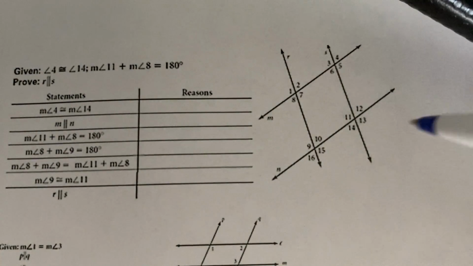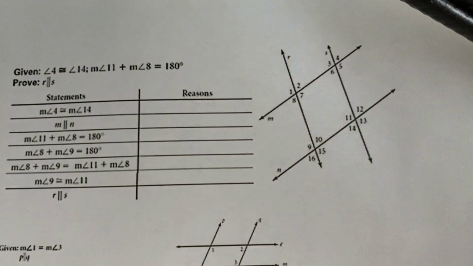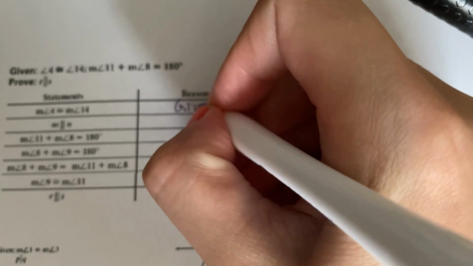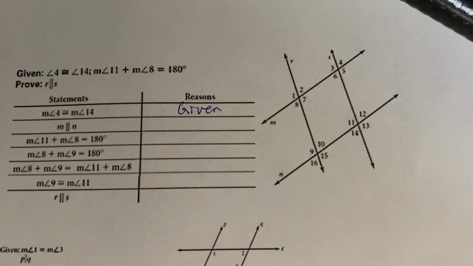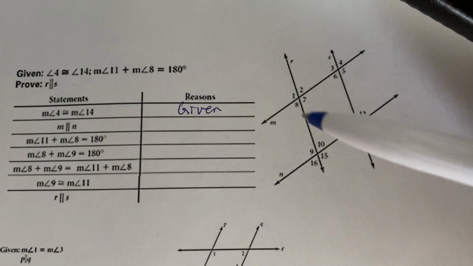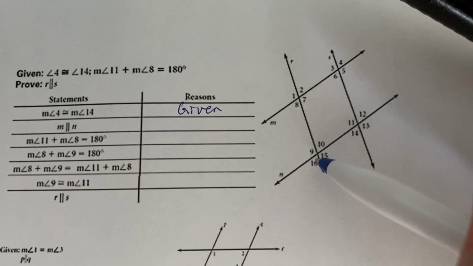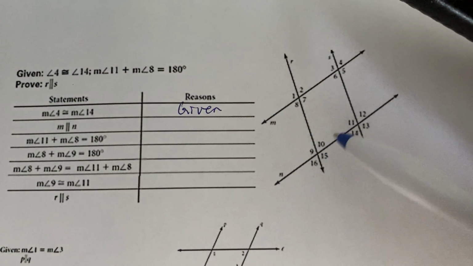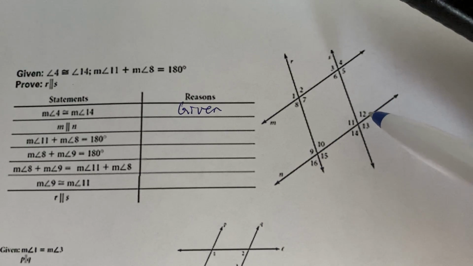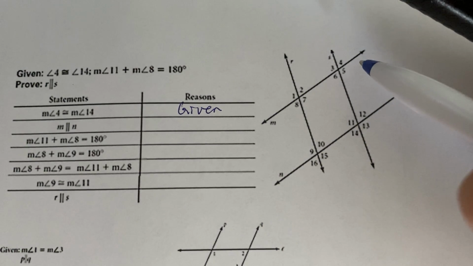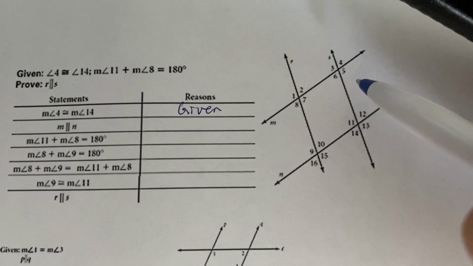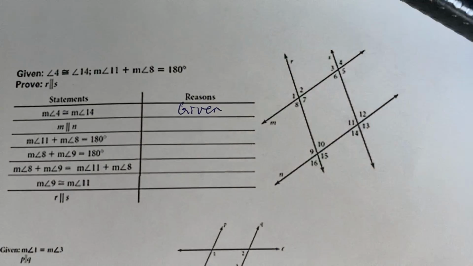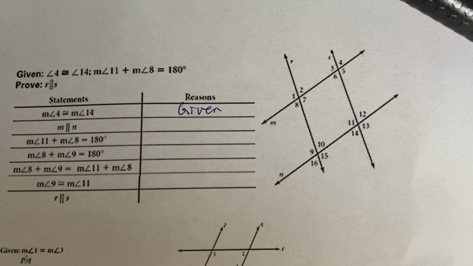All right, so 4 is congruent to 14. That is given. All right, and we know M is parallel to N. Well, let's not skip it.